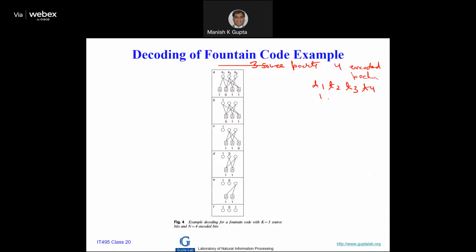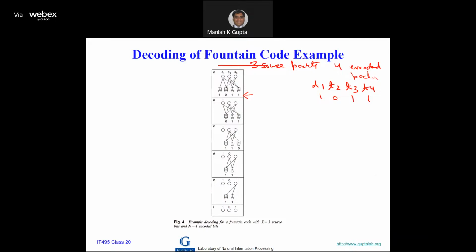So this is the graph. For simplicity, I am assuming here that the packet size is 1 bit only, so it's 0 and 1. But in general, it's L bits.